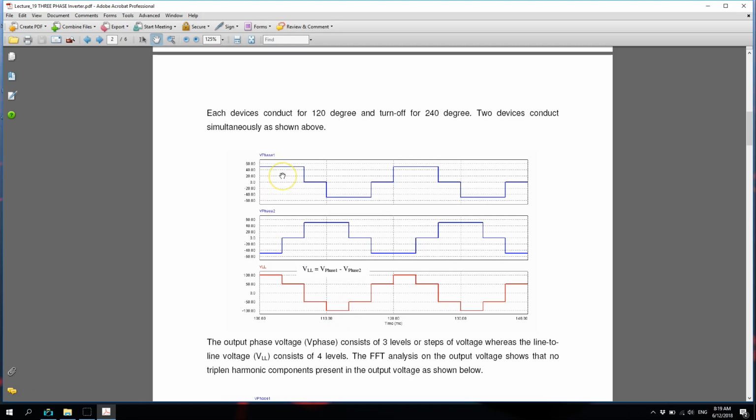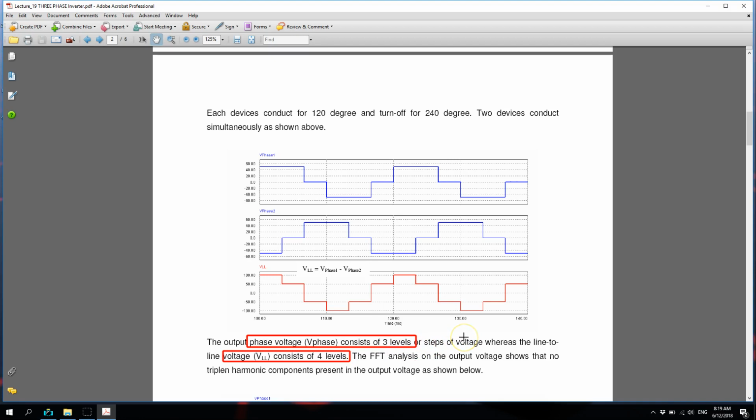So that is what is discussed here. The output voltage waveform: phase voltage consists of 3 levels, a step voltage, whereas line to line voltage consists of 4 levels.